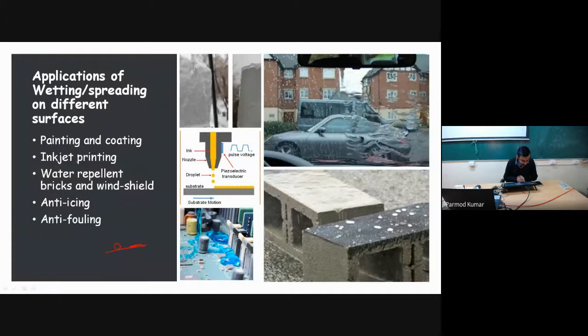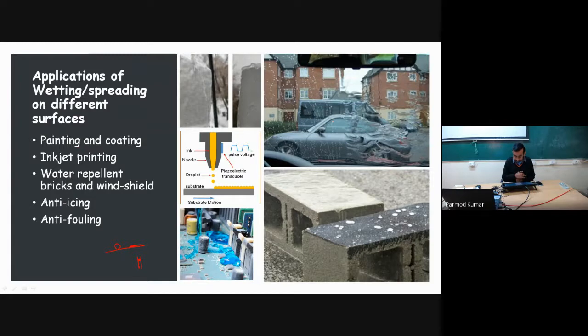Then inkjet printing. In inkjet printing also, a drop of ink impacts our paper surface, and on the paper it spreads depending upon the requirement of the letter which we want to print. Then water repellency. For example, when we drive our cars and it's raining, we have to forcefully use the external wiper mechanism to remove the droplets from the glass.